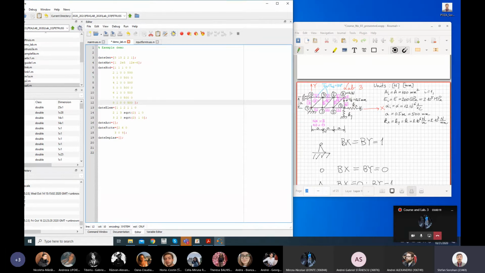Node number 4 is free, 0, 0, and the coordinates are 500 on x, 500 on y. Node 5 is free, and the x coordinate is 2a, that means 1000, and 0. Node 6 is also free, and the x coordinate is 1000 and y 500. Node number 7 is free, you can have motion there, and the x coordinate is 1500 and 0.